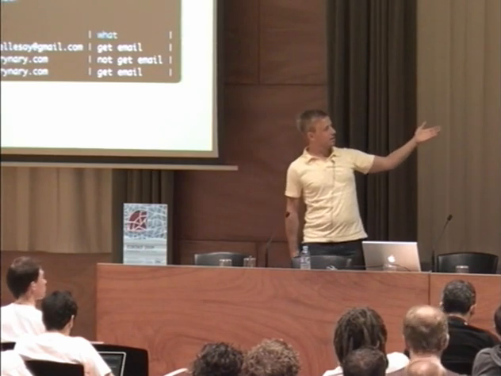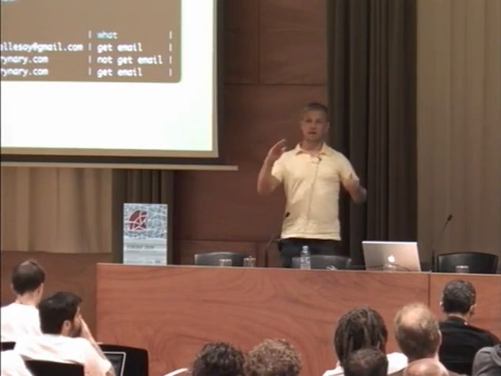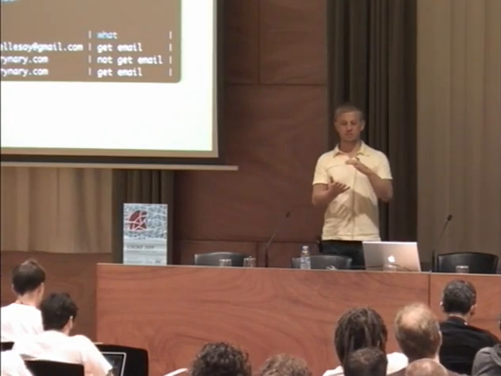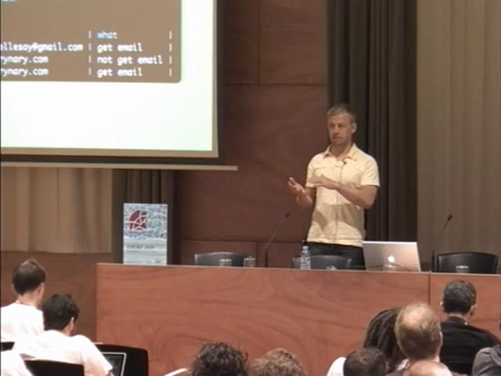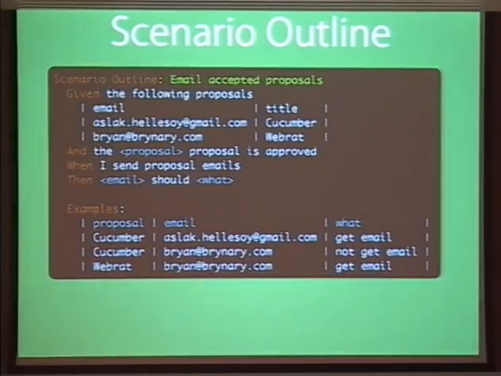If I have should not get email, that could match another step definition. So I could have one step definition called should get email and another one called should not get email, and depending on what I put into the variable, it'll execute one or the other.